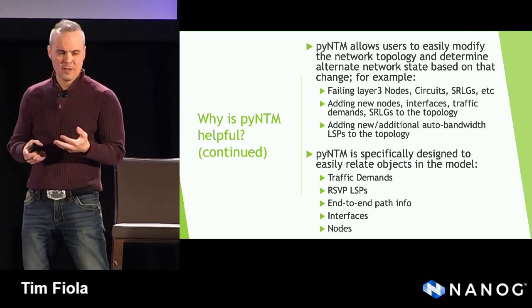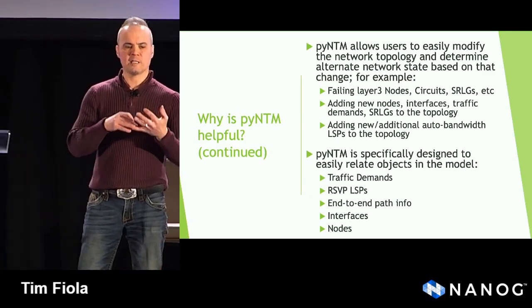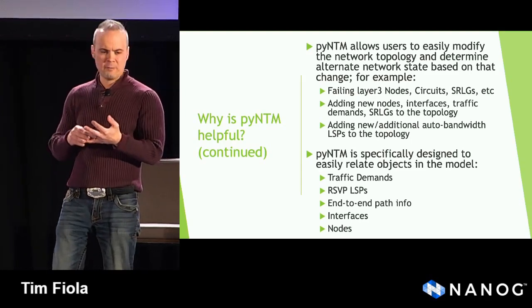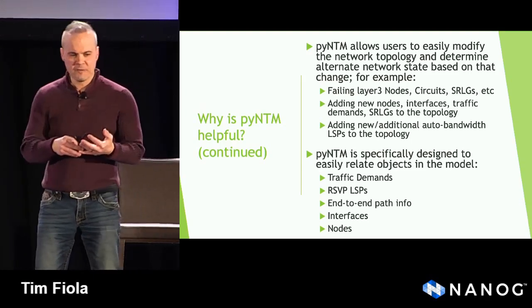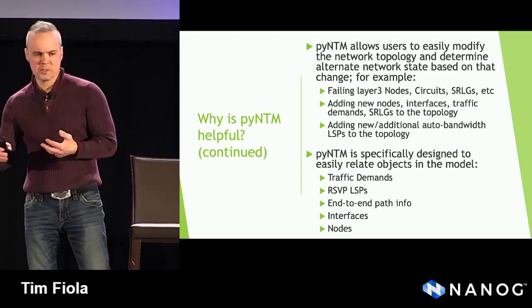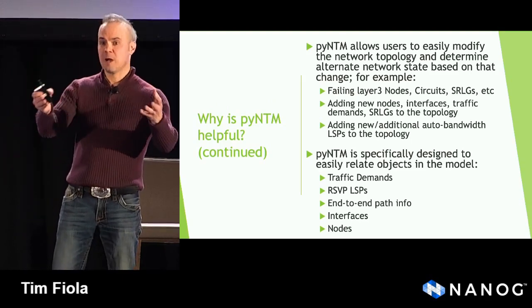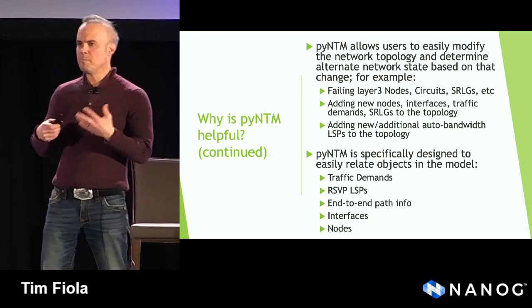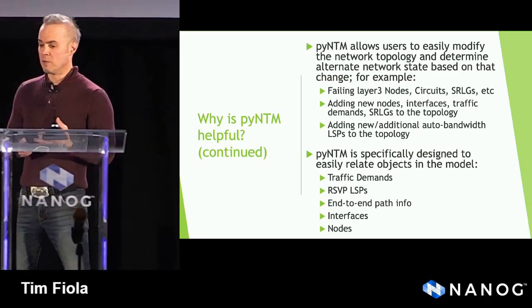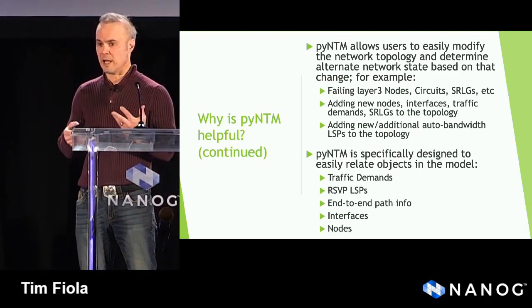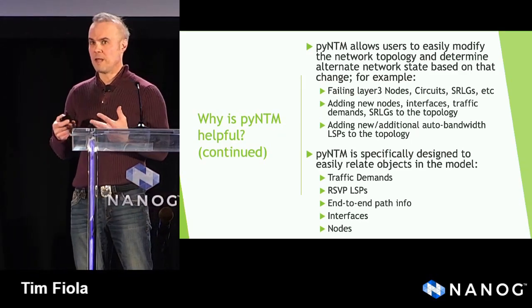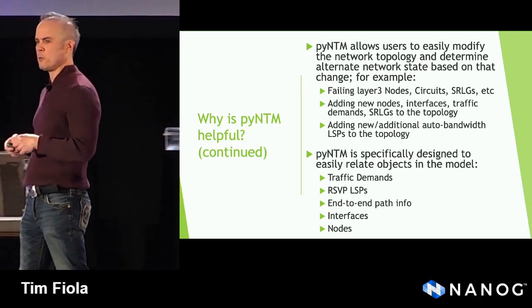For instance, traffic demands ride on LSPs, which have a path, which transit interfaces, which are on nodes, which source traffic, which sink traffic. You can mine all this information easily with PyNTM from the model to understand stuff that might not be intuitive about what your network is doing.